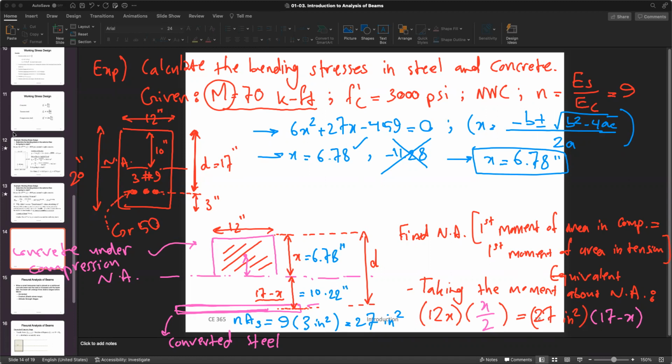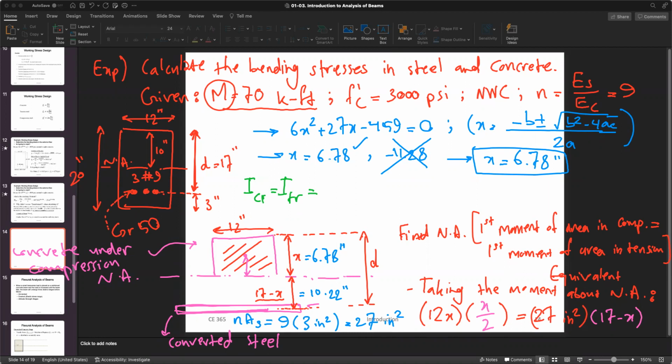Now for this system, you can write the cracked moment of inertia. TR as transformed, or cracked, CR. Both of them are talking about the same thing in concrete.